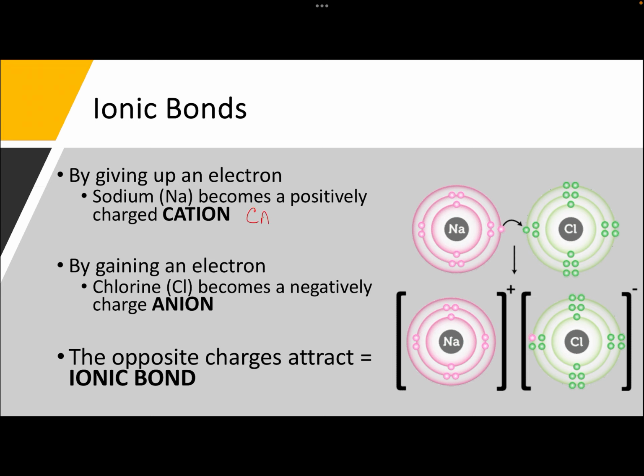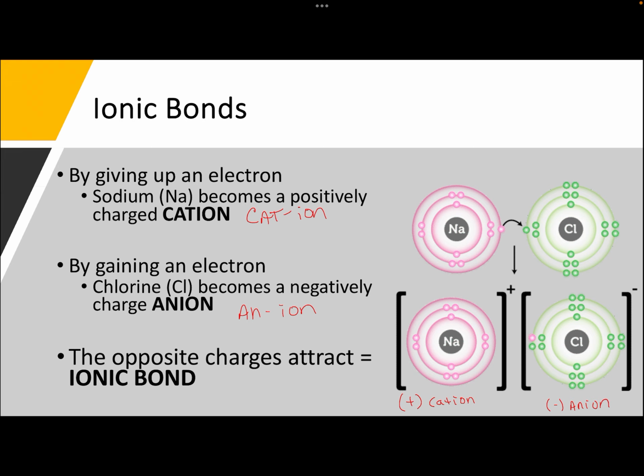We pronounce it cation. So sodium is the positive cation, and by gaining an electron, we say anion. Chlorine becomes the negatively charged anion.